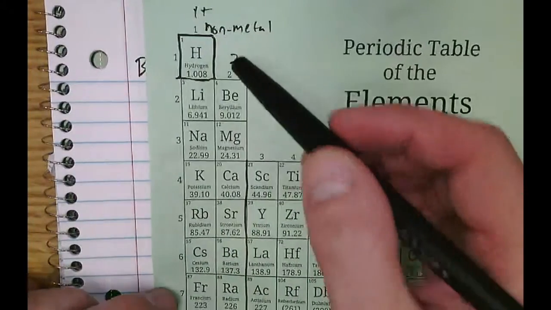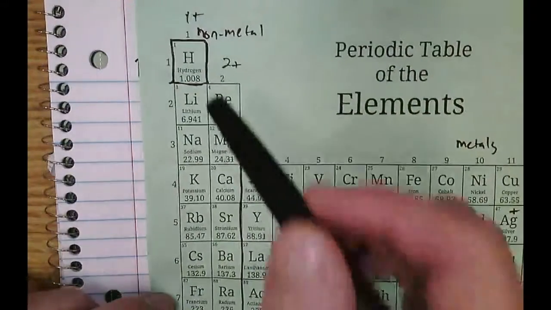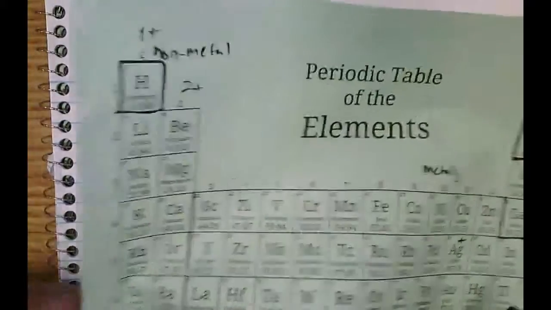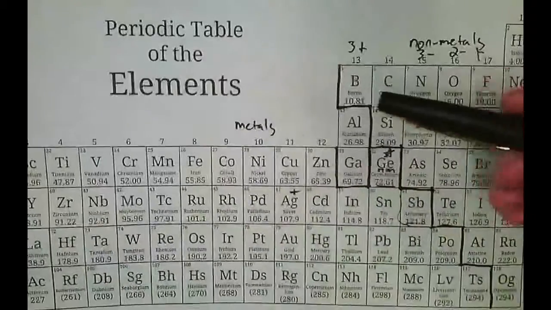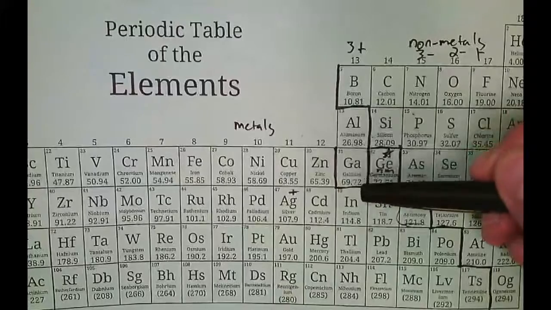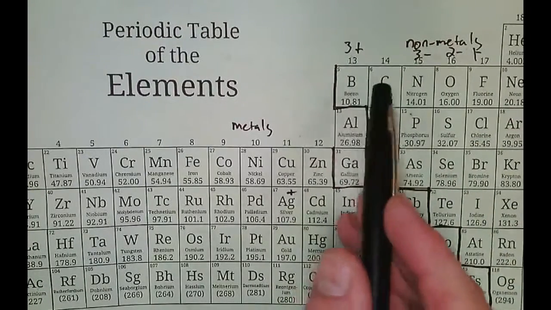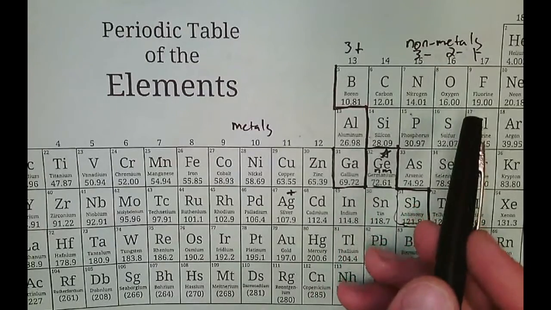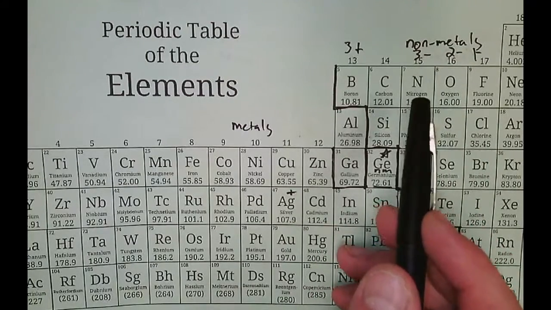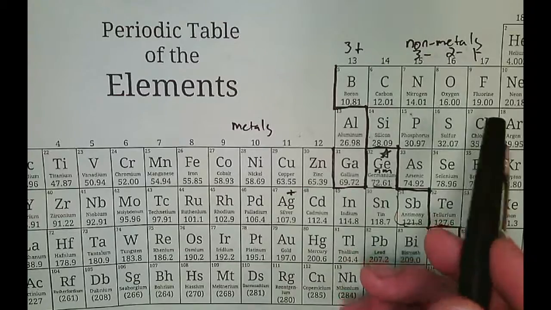This will work. We've got this whole second column where it's going to be +2. And then way over here we also have this third column, which is going to be +3, at least down to gallium. Okay? Now the nonmetals are always going to behave much better for us. They're always going to have this -3, -2, and -1 charge.